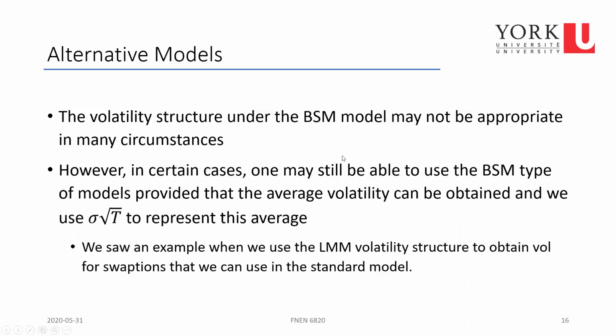So in situations where the volatilities are different, but you can take some sort of an average, we can then plug in that average into that closed form formula, and if that works, then we can still use the closed form solution from the Black-Scholes formula, although we know that the underlying model we're actually using does not require a constant volatility.